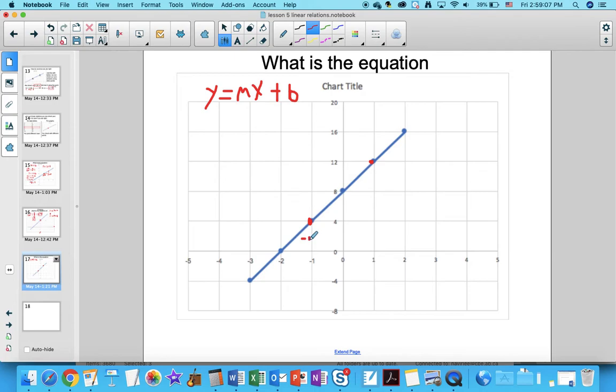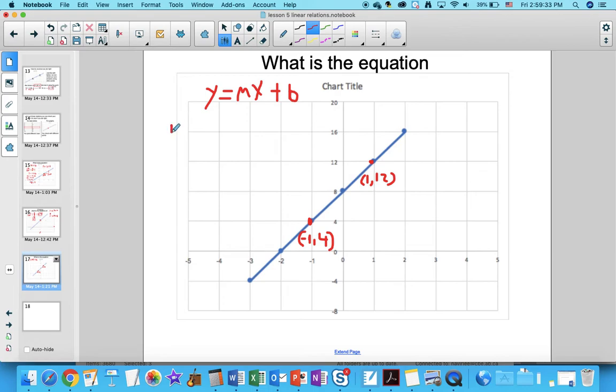I have -1 and 4. Right, -1 and 4. Okay, and now I have 1 and 12. So 1 and 12. Let me fix that so it looks a little bit better. There you go. So now I found my 2 points.